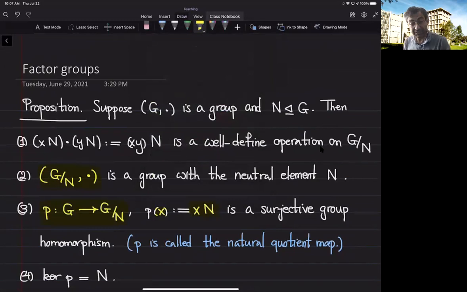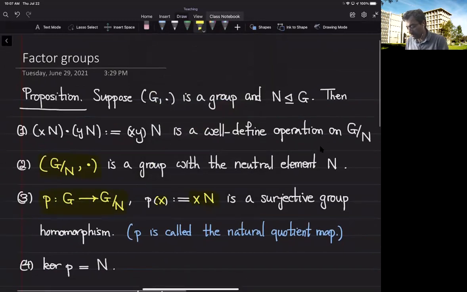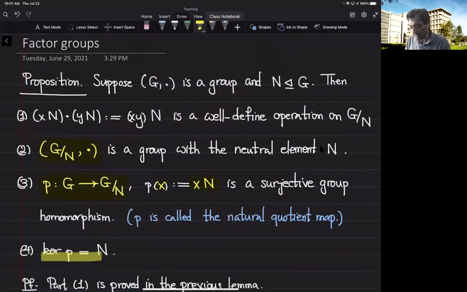And this is a surjective group homomorphism whose kernel is N. These are the important parts of this proposition.